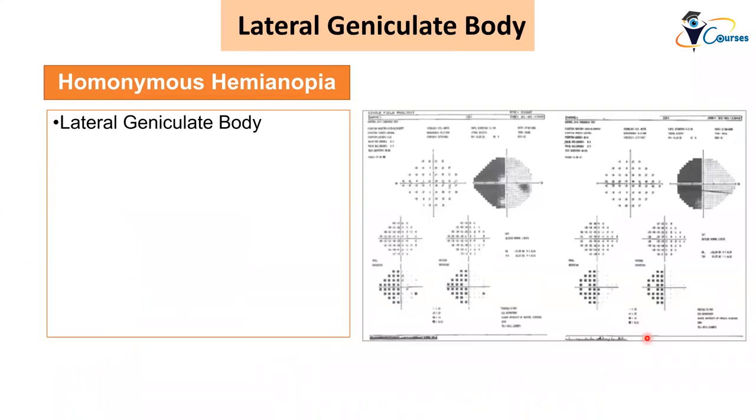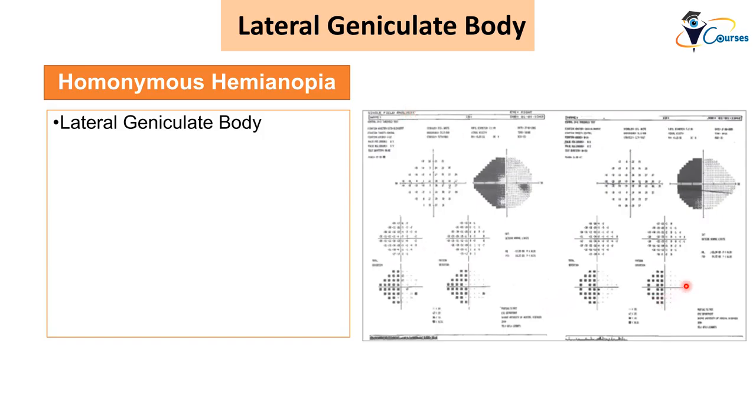Okay, clear now? Now let's check the lesions in the lateral geniculate body. The right lateral geniculate body will have the ipsilateral temporal fibers and the contralateral nasal fibers. So if there is a lesion involving the lateral geniculate body, it will also present with a contralateral homonymous hemianopia.